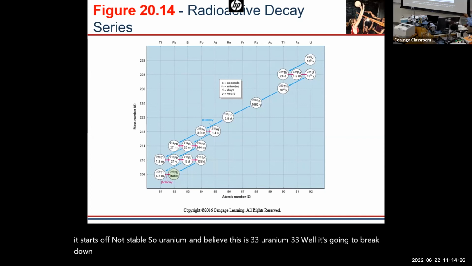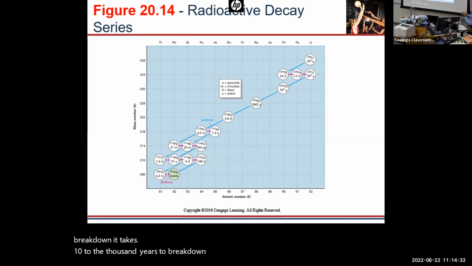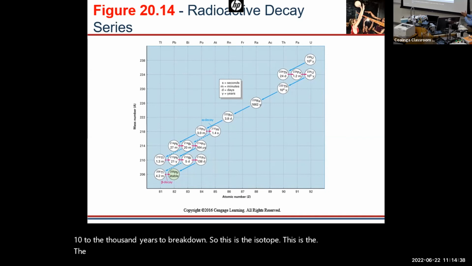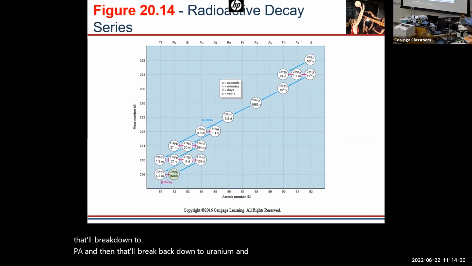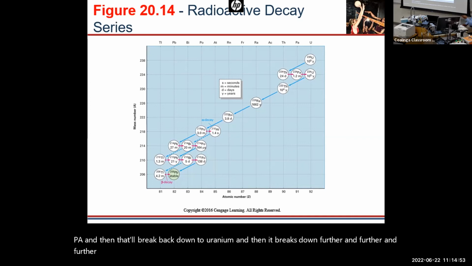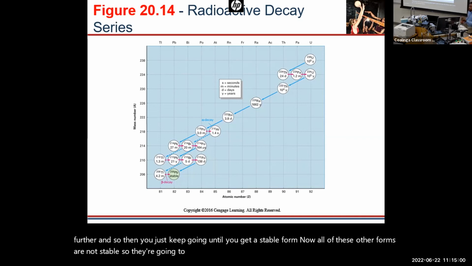It takes 10 to the 1,000 years to break down. So this is the isotope. This is the time it takes, its half-life, its decay. Okay, and then it'll break down to thorium, and then that'll break down to PA, and then that'll break back down to uranium, and then it breaks down further and further, and so then you just keep going until you get a stable form. Now, all these other forms are not stable, so over time, they're going to decay.